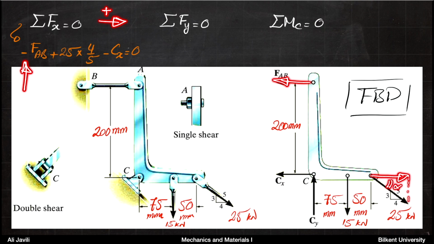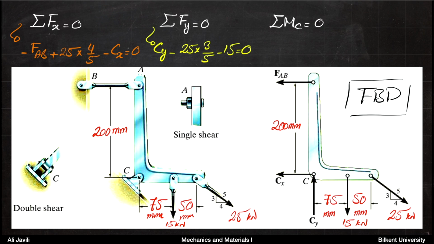If this angle is alpha, that would be 25 times cosine alpha, and cosine alpha is 4 over 5. It points towards right, so it comes with a plus. And then Cx is pointing towards left, so it comes with a minus. So that's your balance equation in the x direction.